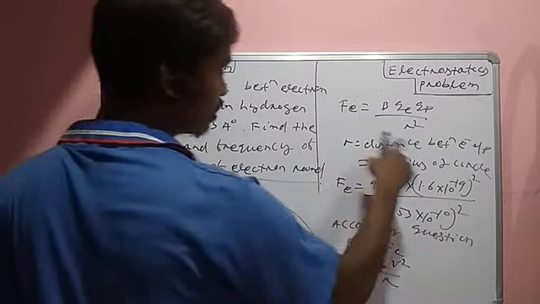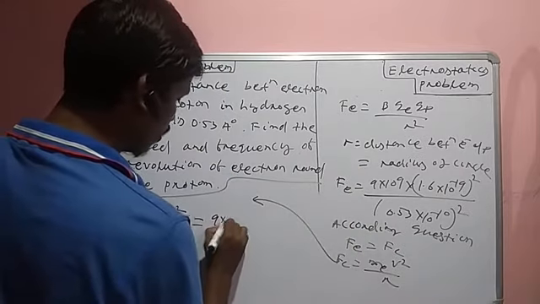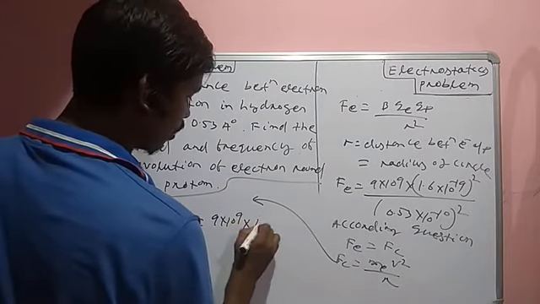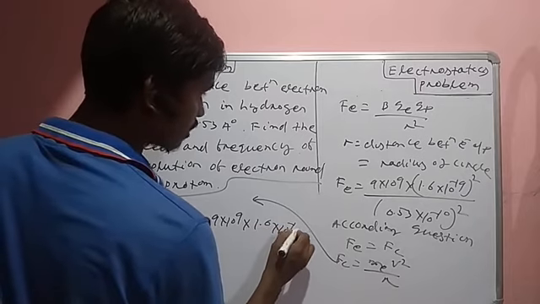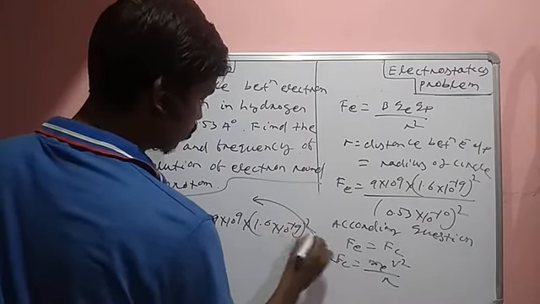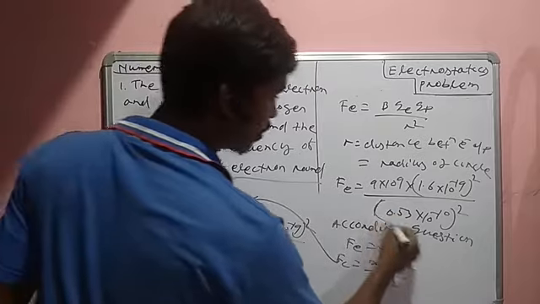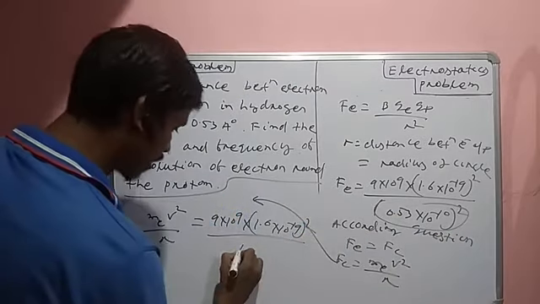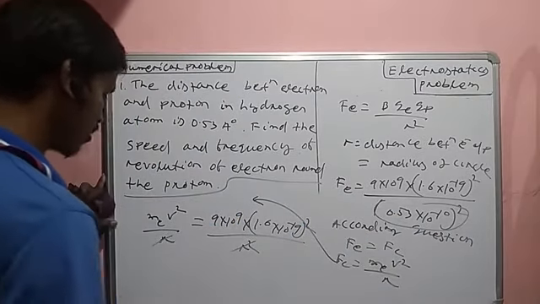The electrostatic force is 9 into 10 to the 9 into 1.6 into 10 to the minus 19 square divided by r square. So r square cancels on both sides.